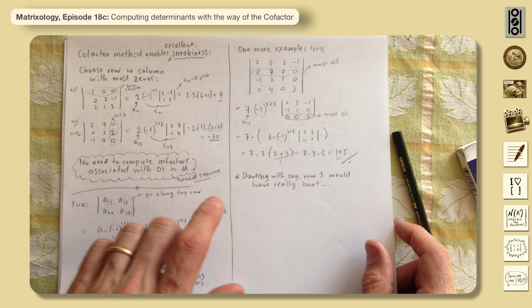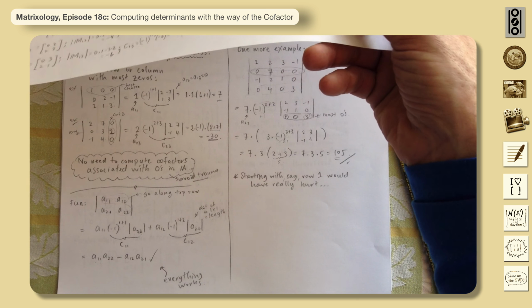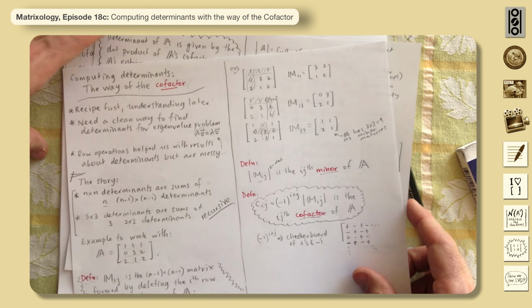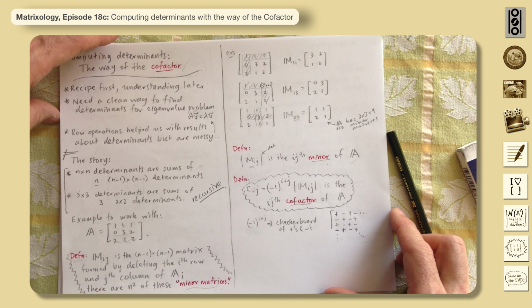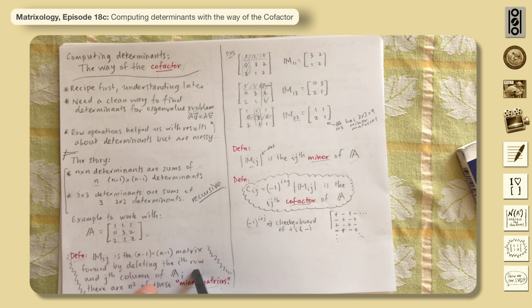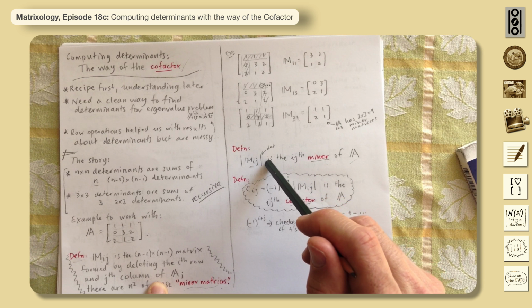All right, so cofactor method. This is how we do it. Let's go back. All right, minor matrices, that's what you get when you wipe out row i, column j. The minor is the determinant associated with that matrix.